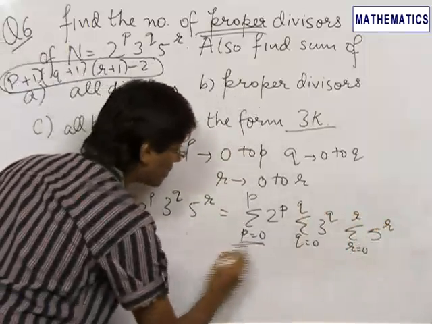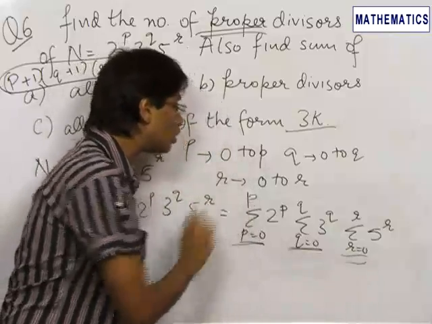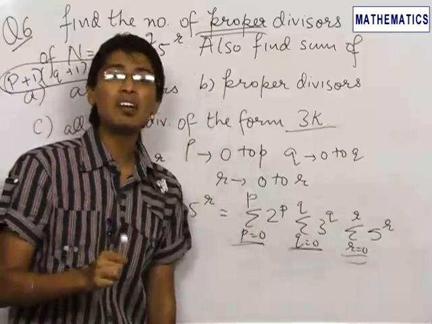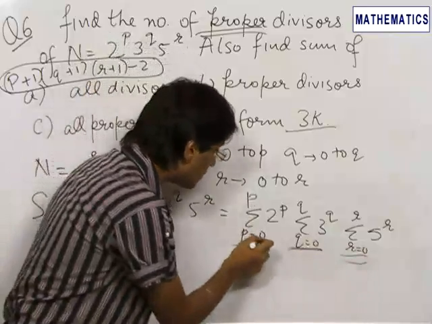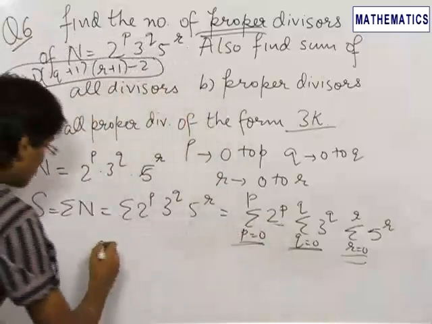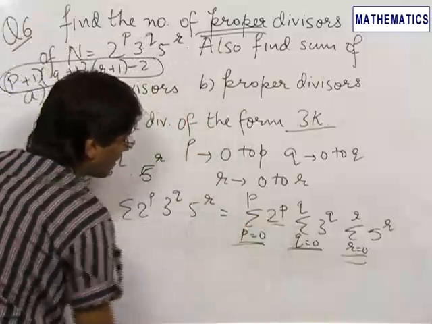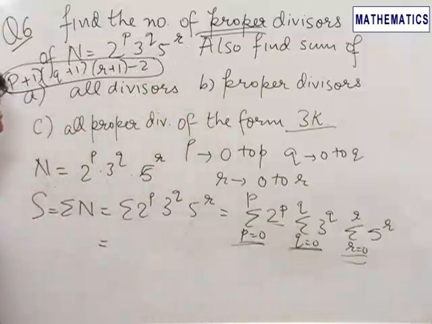This is a very important thing, because most of the students do the summation from p is equal to 1 to p, but this is a very important case when no p, no q and no r is selected. So p ranges from 0 to p and not from 1 to p. This is a GP having the first term 1 and the last term 2 power p. So total number of terms are p plus 1.